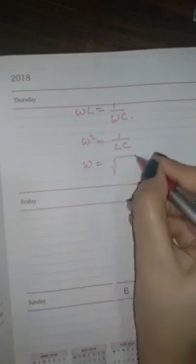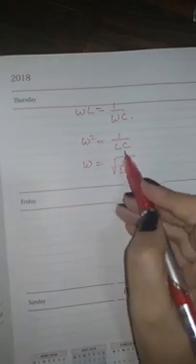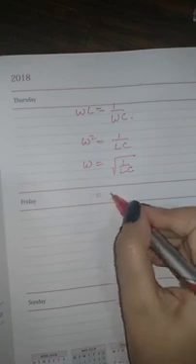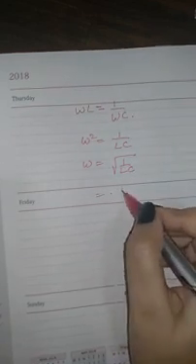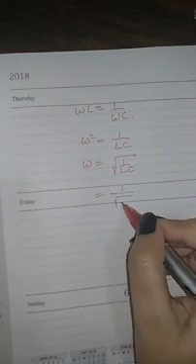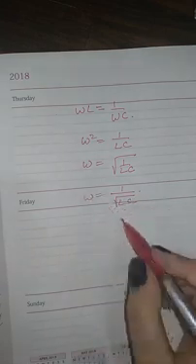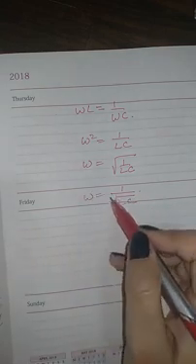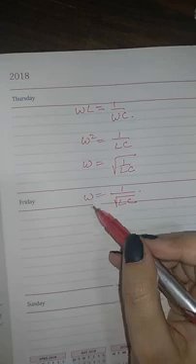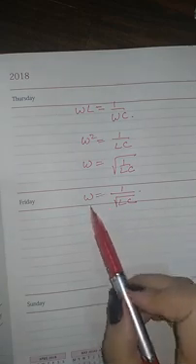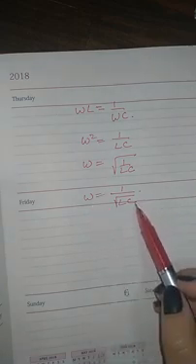So omega is equal to under root 1 by LC, or 1 over under root LC. So this is the value of omega for electrical resonance.